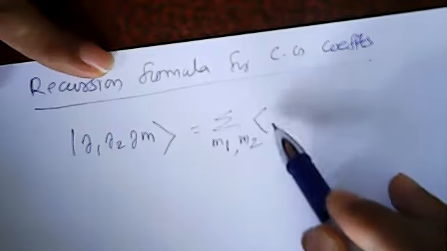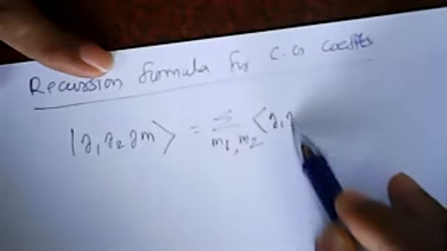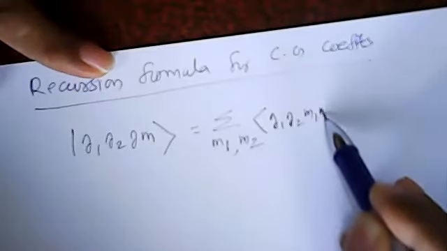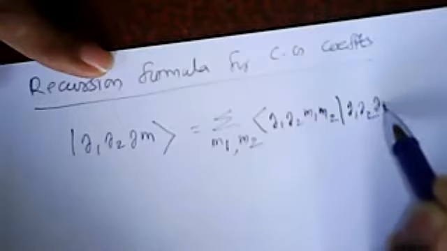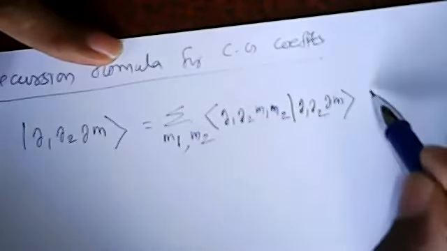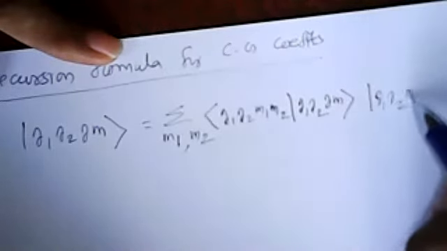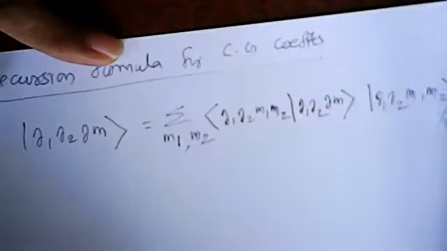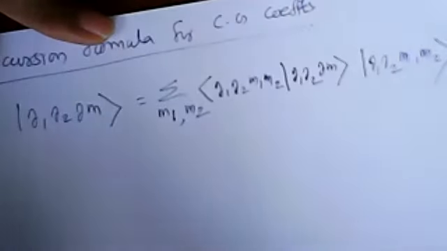Then the Clebsch-Gordan coefficient <J1, J2, M1, M2 | J1, J2, J, M>. That is the Clebsch-Gordan coefficient. Then the uncoupled basis |J1, J2, M1, M2>. This is the equation of angular momentum addition or coupling.